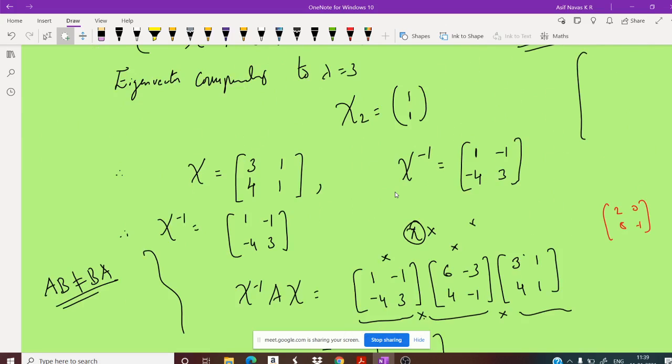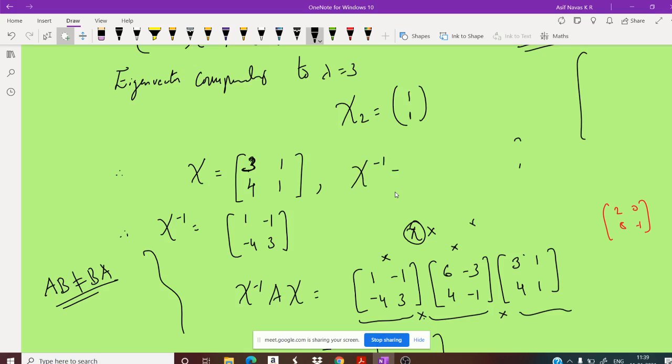Inverse is 3 into 4. Inverse is okay. There may be a mistake. Okay, actually the inverse is like this. I will check.